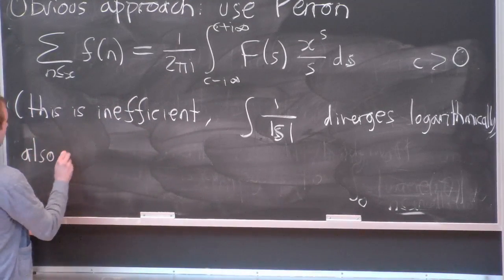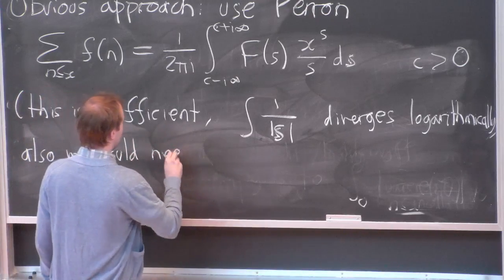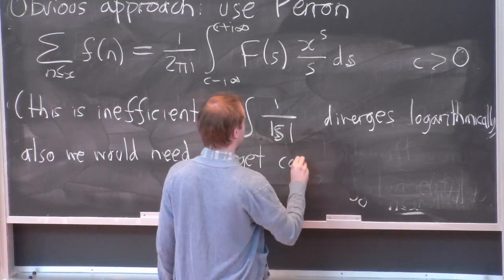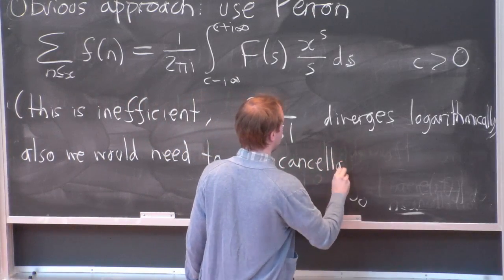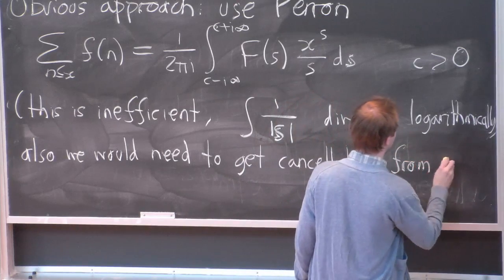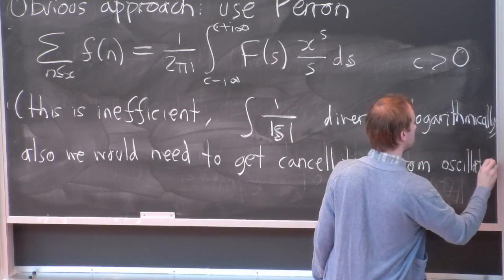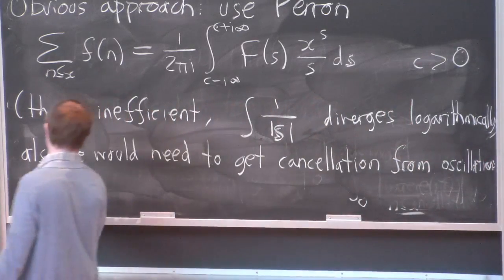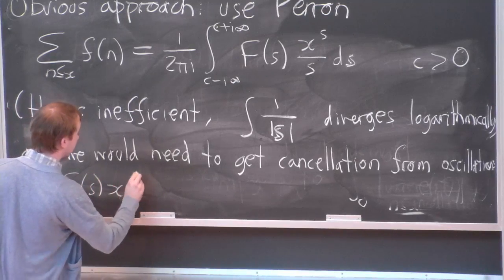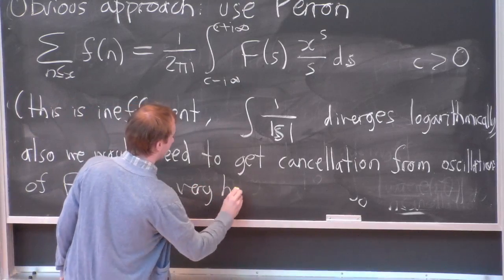Also, we would need to get cancellation from the oscillations of f of s times x to the it, which is generally very hard.